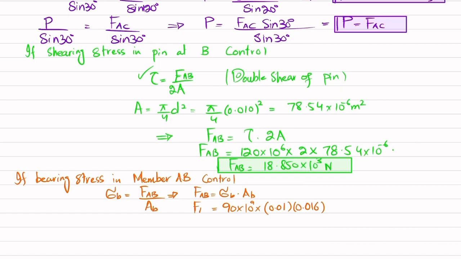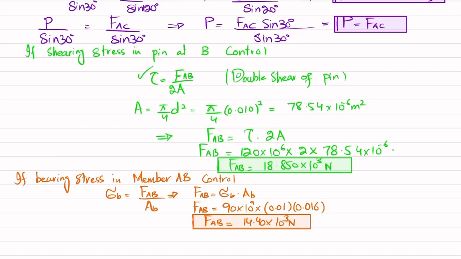So from here you will get FAB equal to 14.40 into 10 raised to power 3 Newton. So this is the force that is due to bearing stress in member AB.